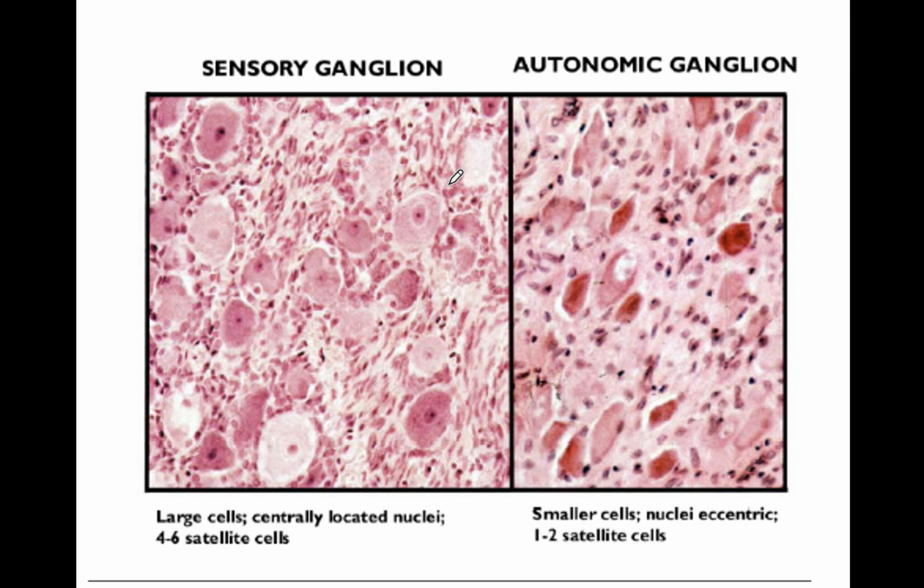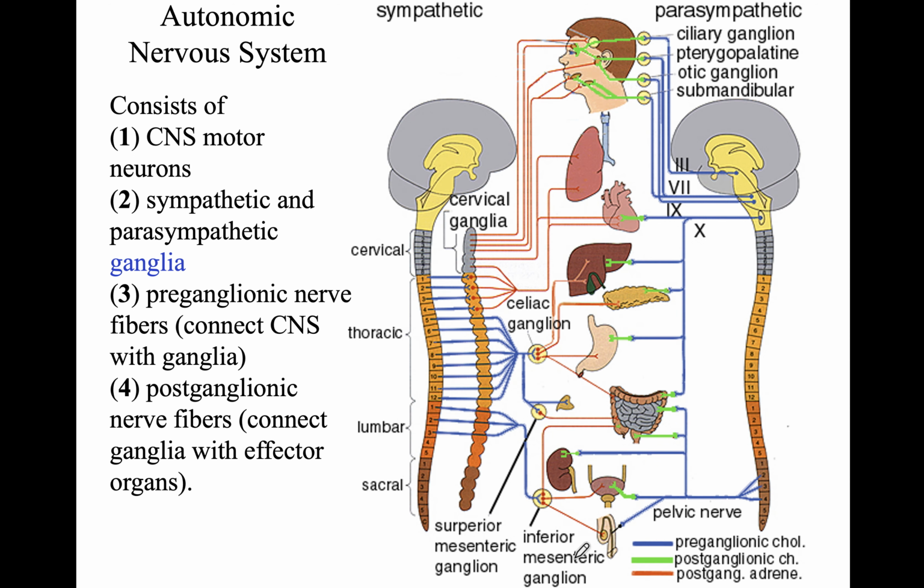So here in the sensory, see the nucleus in the center, whereas here the nucleus is found in the periphery, and as I said, here surrounded by 4 to 6 cells of the satellite cells, where here it's surrounded by 1 or 2 cells.